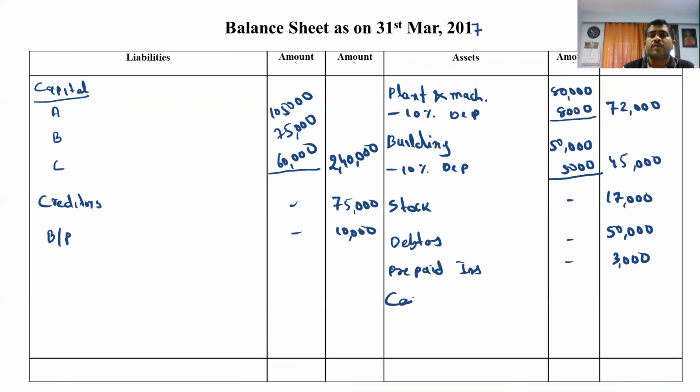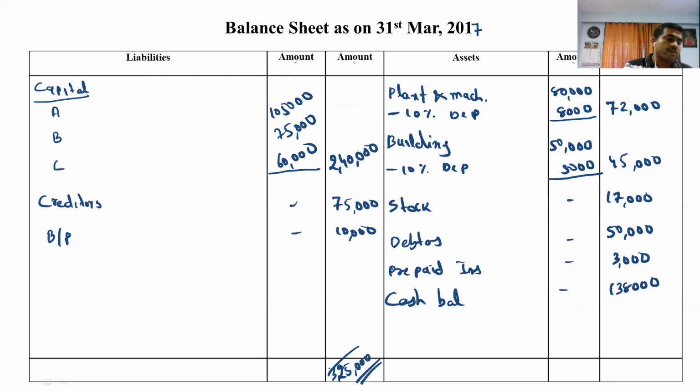In balance sheet, we have to write cash balance 1,38,000. Now make the total 2,40,000 plus 75,000 plus 10,000. 3,25,000. It's our balance sheet total.